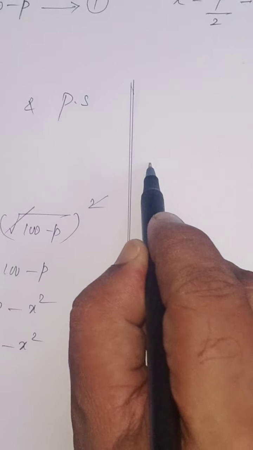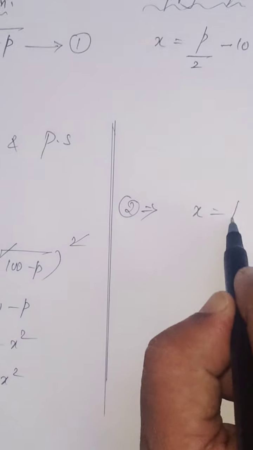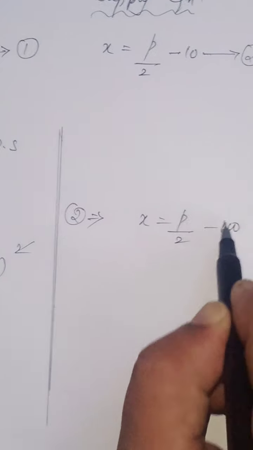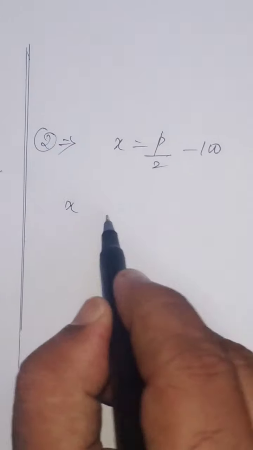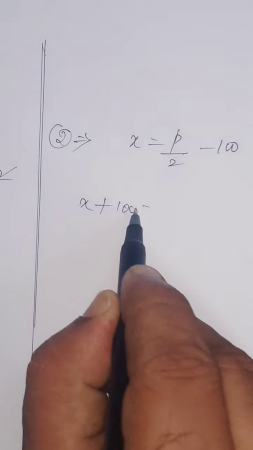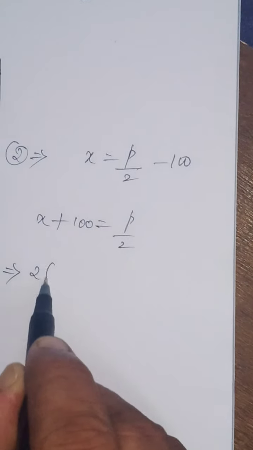Now equation number 2 implies x equals p by 2 minus 10. We can write x, minus 10 comes to the left hand side plus 10, that is equal to p by 2. Cross multiply: 2 into x plus 10 equals p.